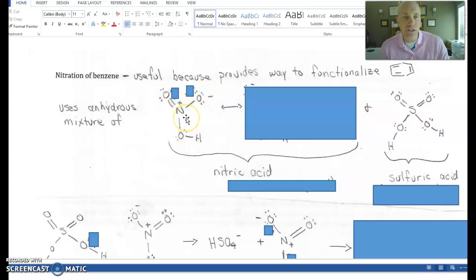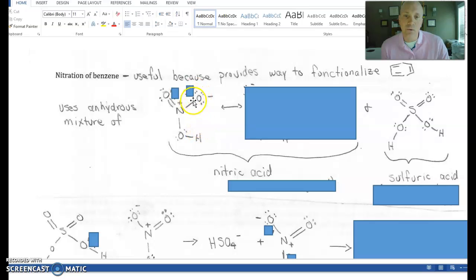One thing you notice about the structure, if you're paying attention to formal charges, is that it puts a negative charge on this oxygen and a positive charge on this nitrogen. But the overall charge on the entire molecule would be neutral. That's why when you draw the formula for this, a lot of times it's just shown as HNO3.